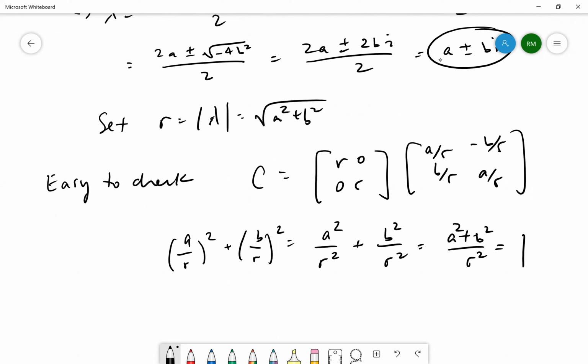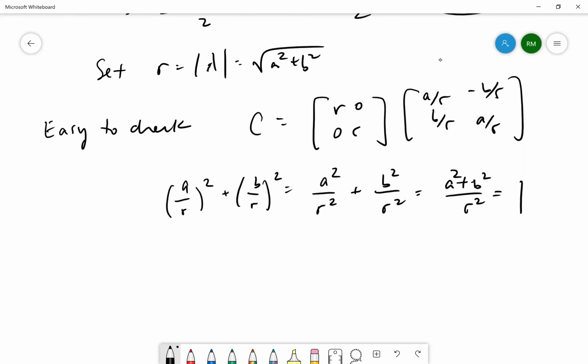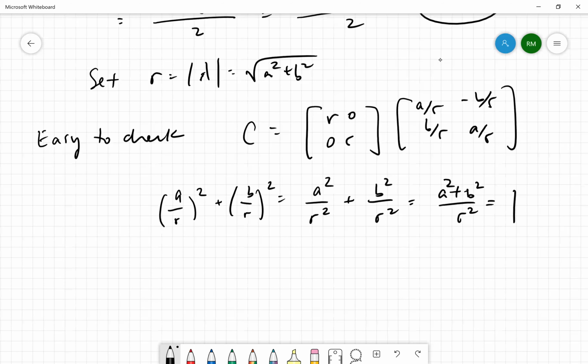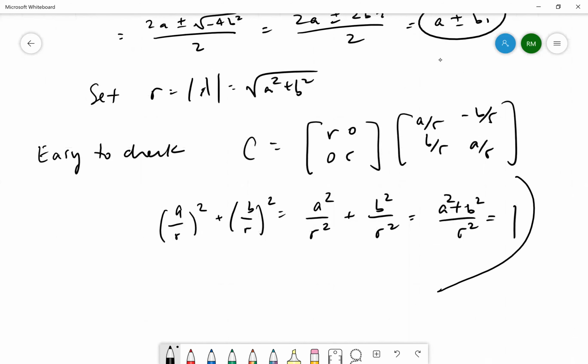What matrix have you seen like this before? I want you to think about that for a couple minutes and see, where have you seen a matrix where you have these values and A squared plus B squared is 1? There's something this should remind you of. It should remind you of trig functions. It's actually the rotation by phi.